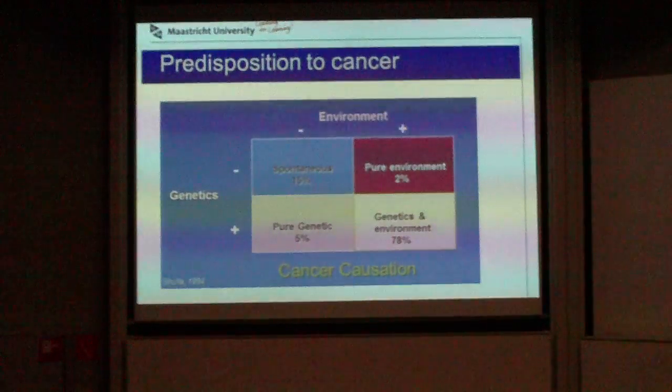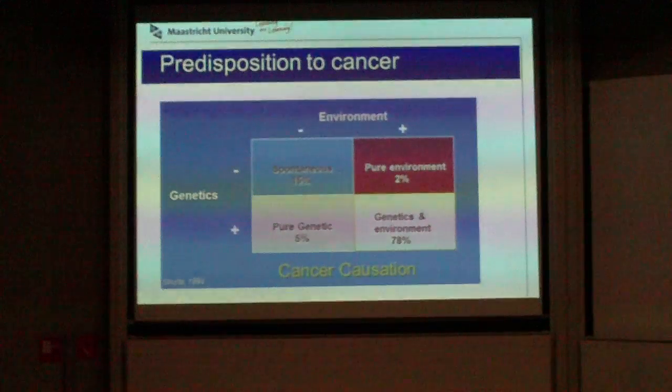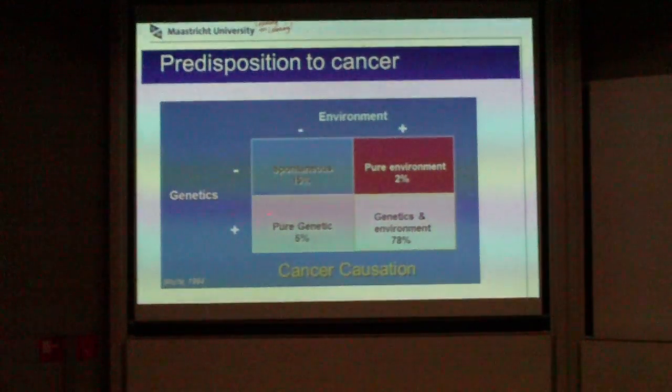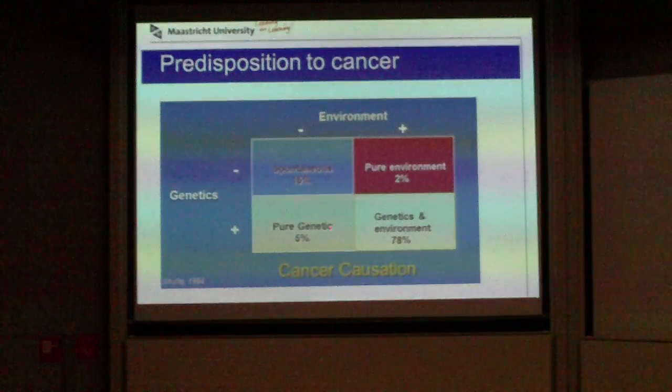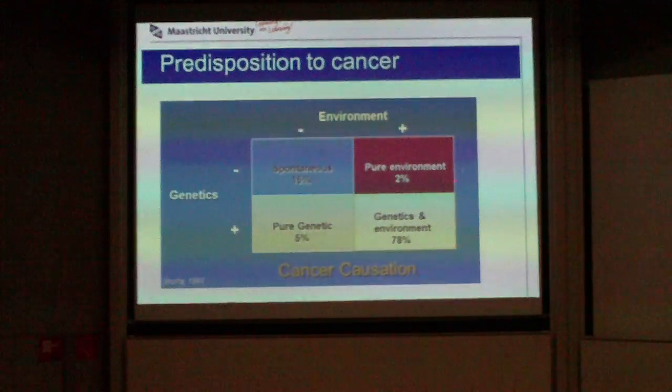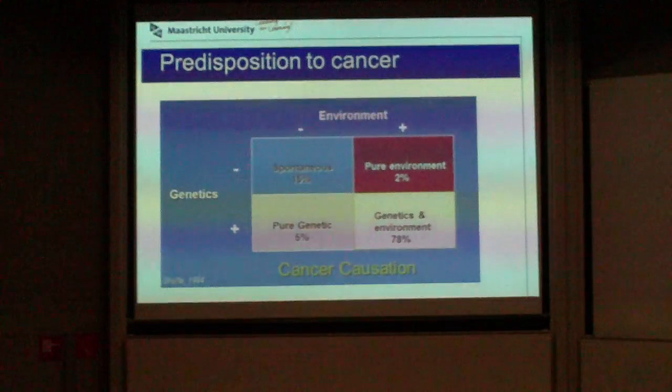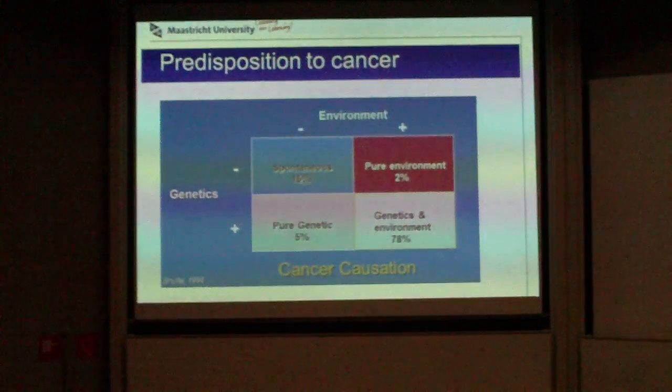Okay, wrapping up, predisposition to cancer. There's only very little pure genetic and very little pure environmentally determined cancer. There's some spontaneous, but most of the cancer causation lies in the interaction between the genes and the environment.